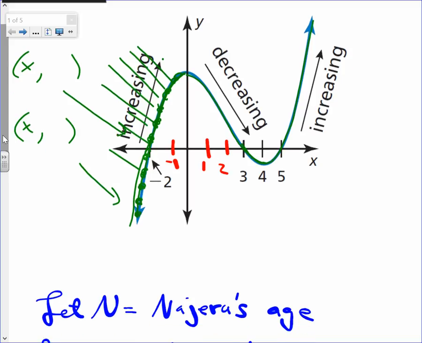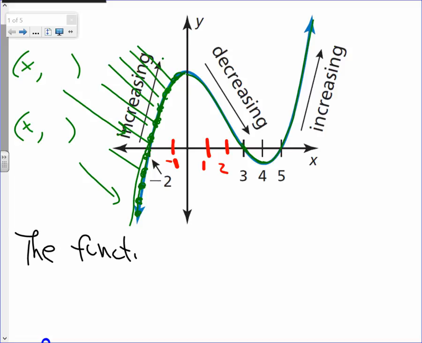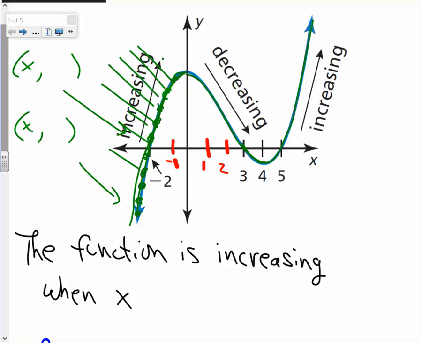Let's see if this makes sense to you. Underneath this graph somewhere on the side, write: the function is increasing when x is, so right here at the top of this mountain, it stops increasing.